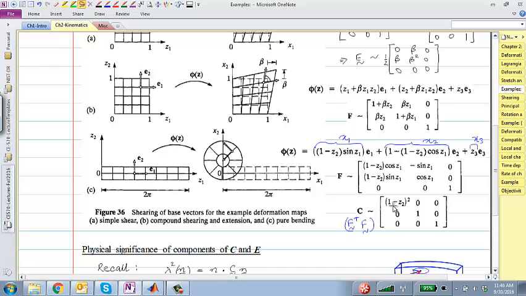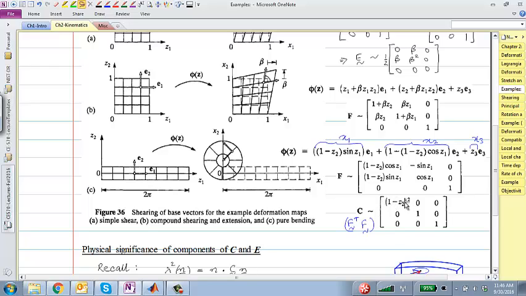tensor, which doesn't have those sine and cosine terms. What you can clearly see here is that the C tensor is almost an identity with only one term that is capturing the effects of bending. What is this?